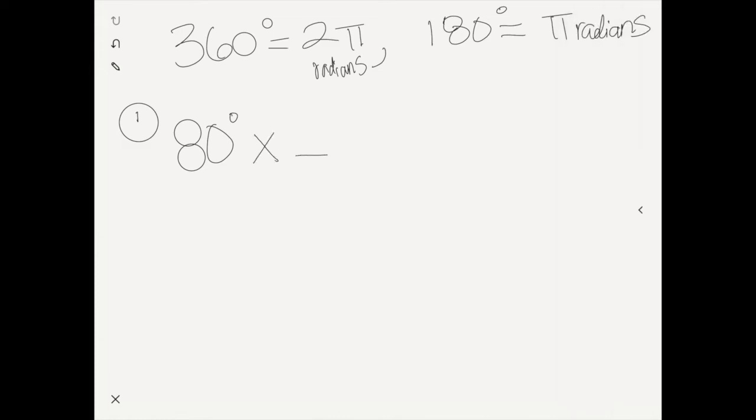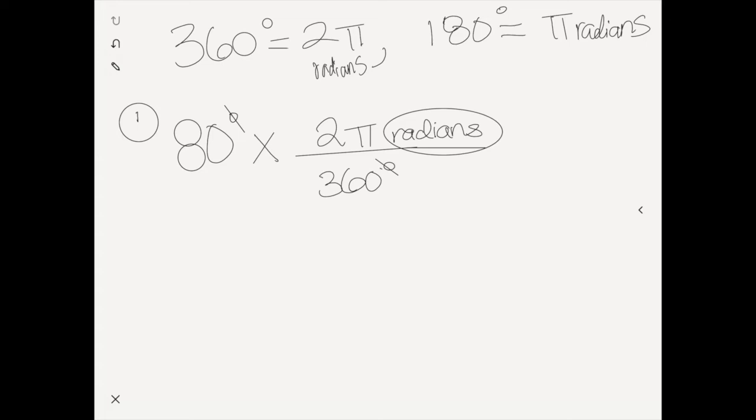So multiply it. And then on the bottom, you're going to put degrees. So we know that 360 degrees is equal to 2 pi radians. And the unit that you want always goes on the top. And in this case, the unit we want is radians. So you can see here that the degrees will cancel, and we're going to be left with radians as our unit.